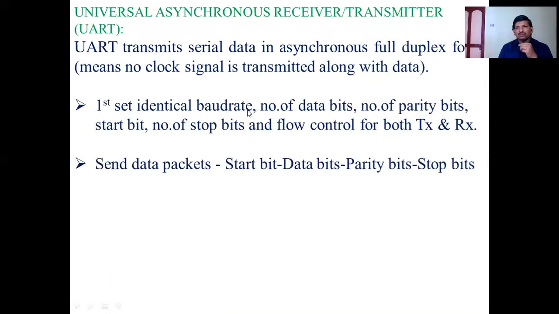Instead of the same clock signal, we need to set identical baud rate and number of data bits in transmitter and receiver, and the number of parity bits, number of stop bits, and flow control for both should be identical. Once we set identical settings, next we send data in terms of packets.